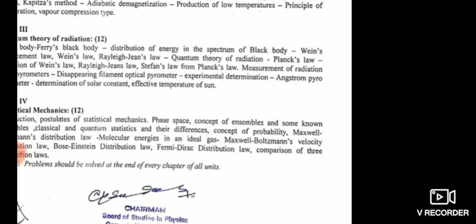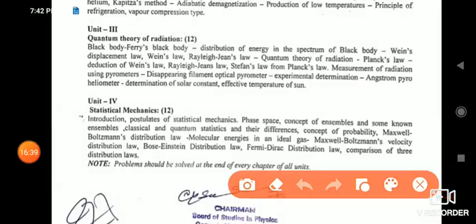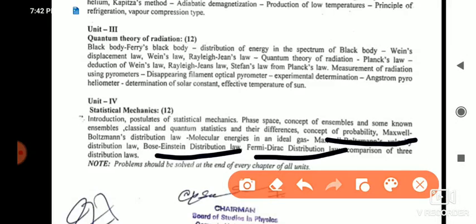So in the fourth unit you will get three long answers. Those are Maxwell distribution, Bose-Einstein distribution, and Fermi-Dirac distribution, with one example. Three questions, and from them you will get two long answers.